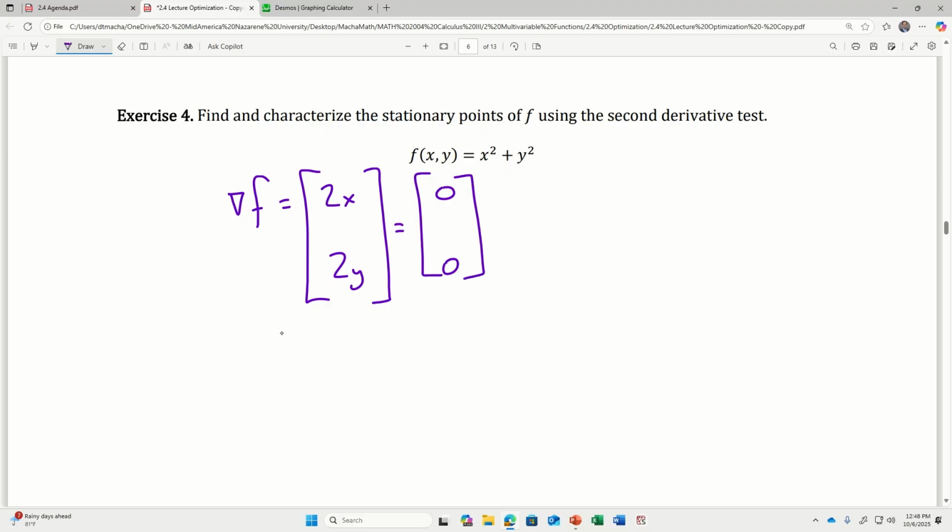And the only stationary point is the point where x equals 0 and y equals 0. Sometimes you work these problems and there's more than one stationary point, so you would want to find all of them. But in this case, there's only one value of x and one value of y that let the gradient be equal to the 0 vector.